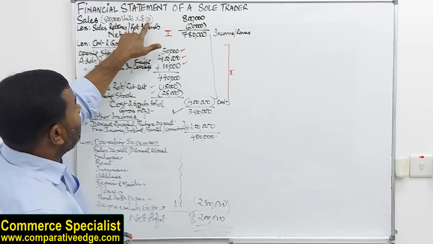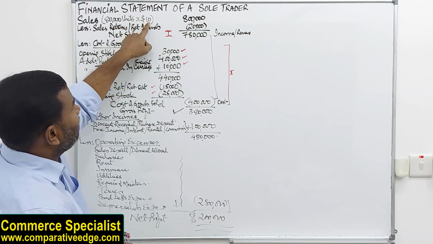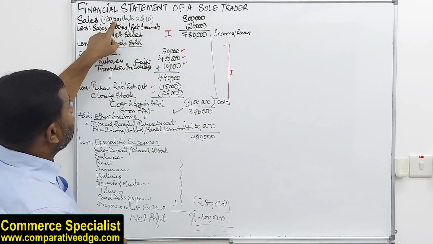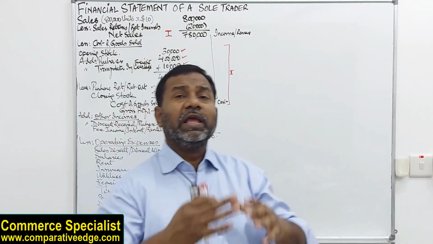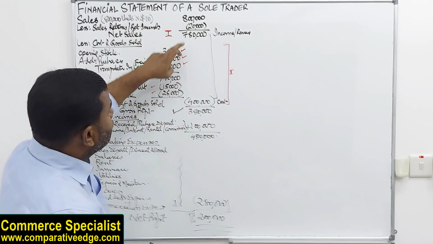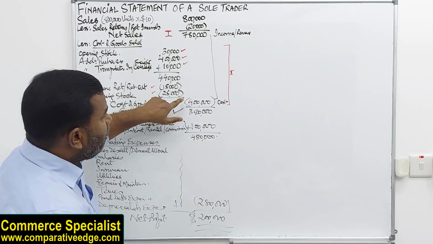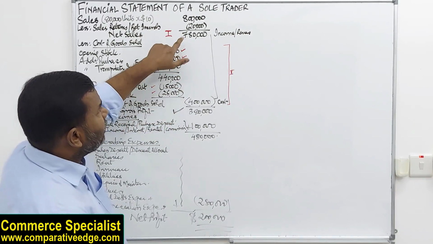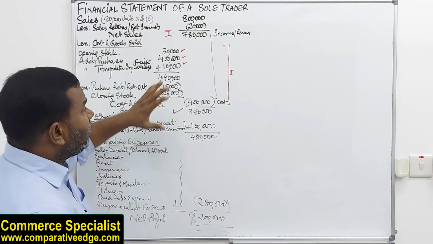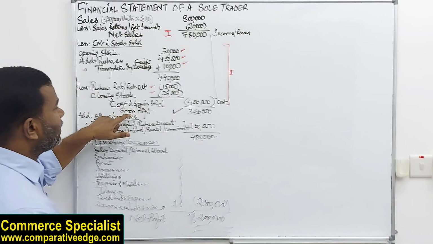The selling price of one unit is 10. I'm selling 80,000 units. So if I talk about one unit, it is a selling price of 10. But for all the units, I call it sales or income. So when I compare these two, it makes sense. Something which cost me 400,000, I was able to sell for 780,000. So the amount I made over and above my cost is 380,000, which is known as gross profit.